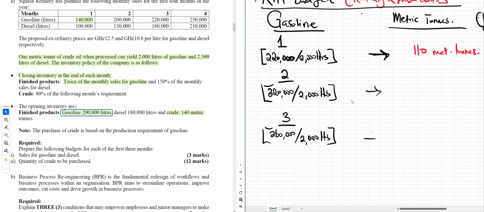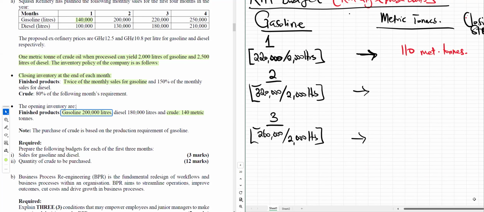So what do we have? 160 for month 2, 160 metric tons. And then the next one? 130. So these are the month requirements.